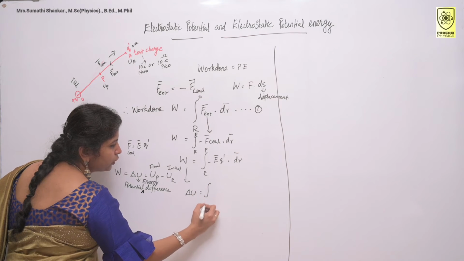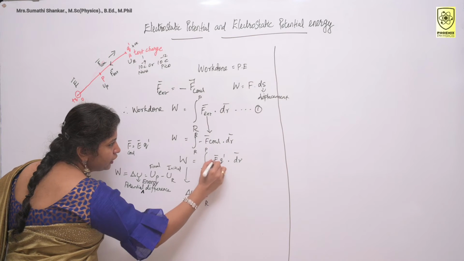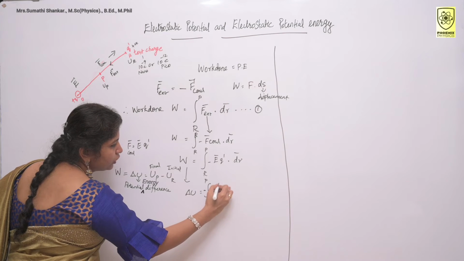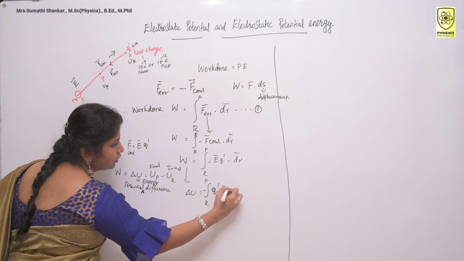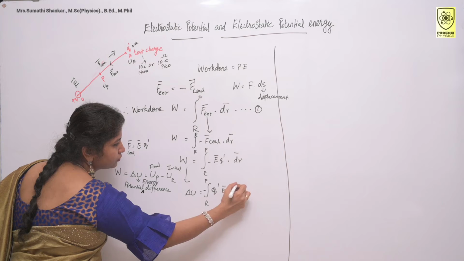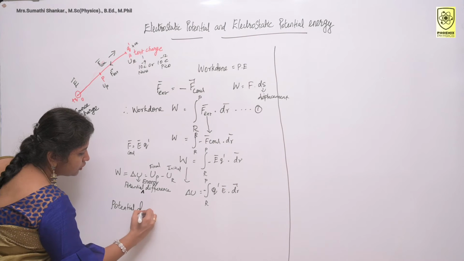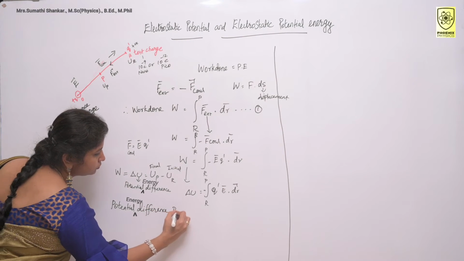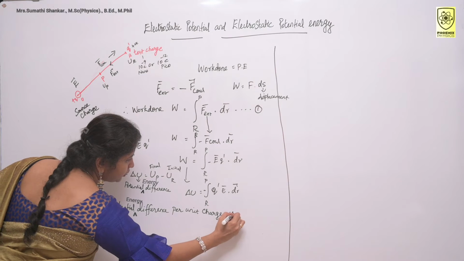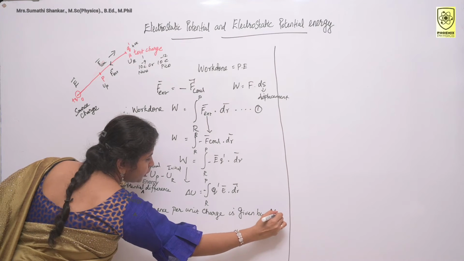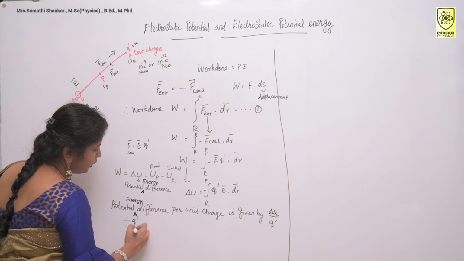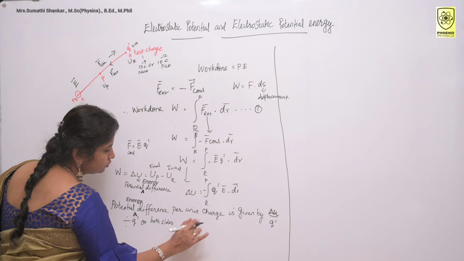Delta U is equal to the integral from R to P. Bring this minus outside, that is Q dash E vector dot dr vector. The potential energy difference per unit charge is given by delta U by Q dash. Divide by Q dash on both sides.